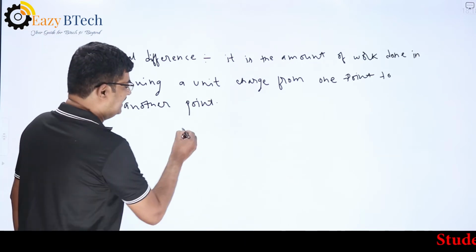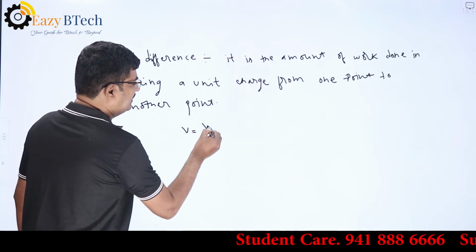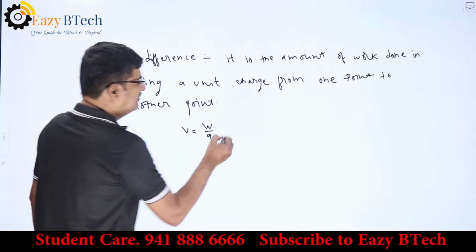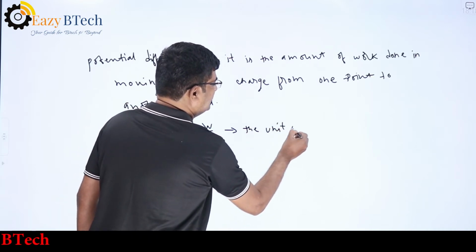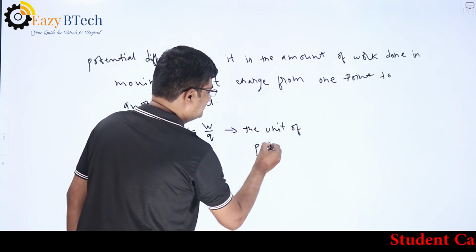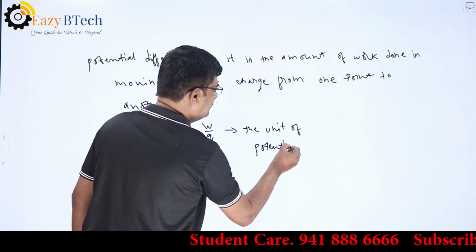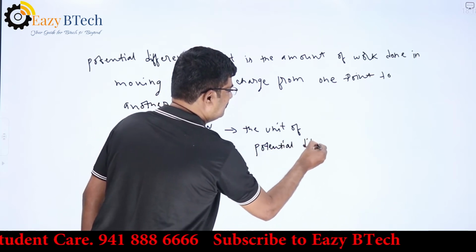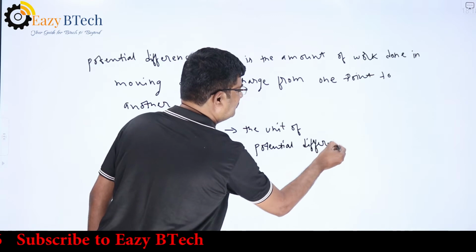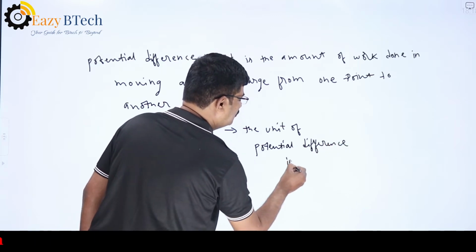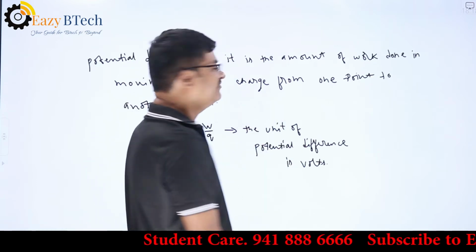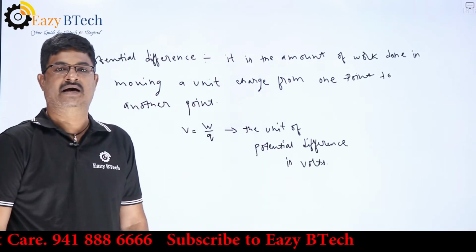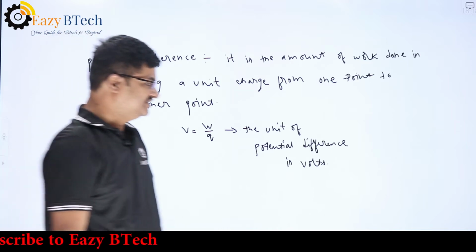Here also I can write V is equal to W by Q. The unit of potential difference is volts only. So these are the definitions we will be discussing regarding basic electrical engineering.